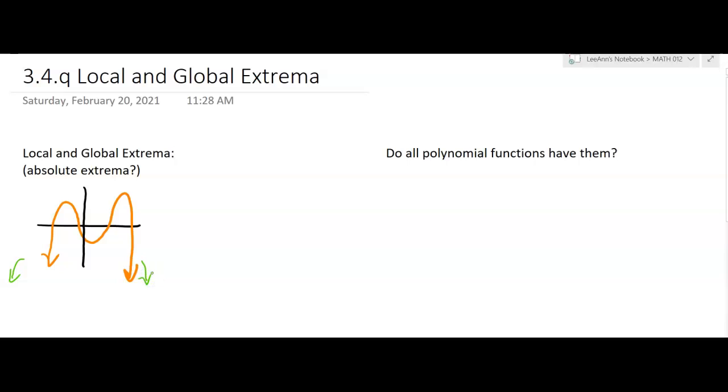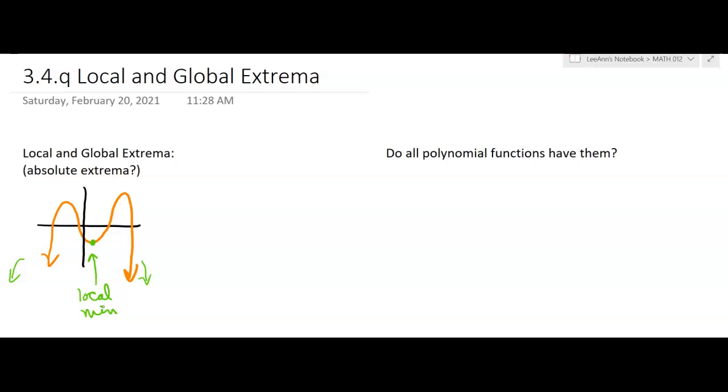So our local min would be right here. That would be a local min. And then by global, they mean in the vicinity. But it's the highest one, okay?